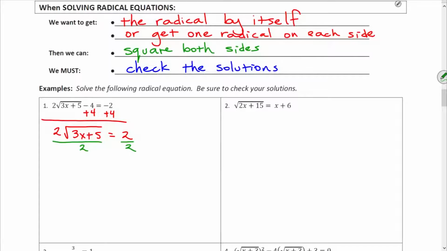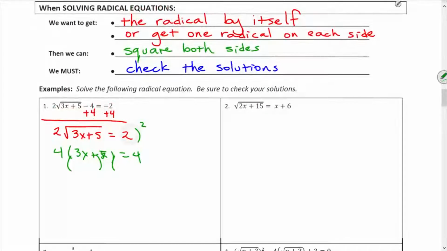The other option is squaring both sides like this, and you would get 4 times 3x plus 5 is equal to 4, and then I can solve it that way. But if you can divide and avoid some nasty fractions, then that is the easier way.